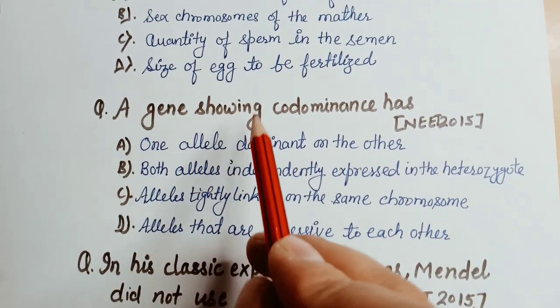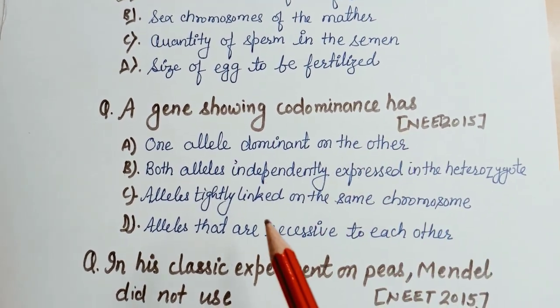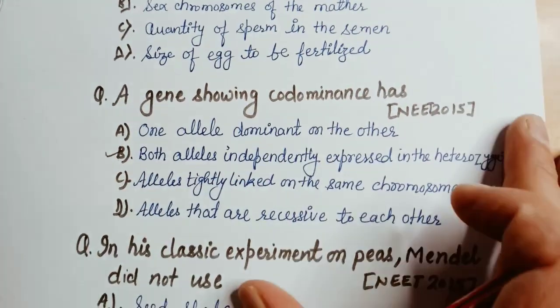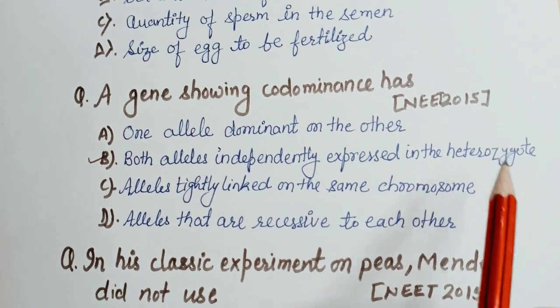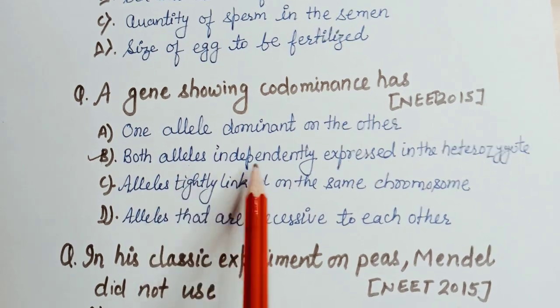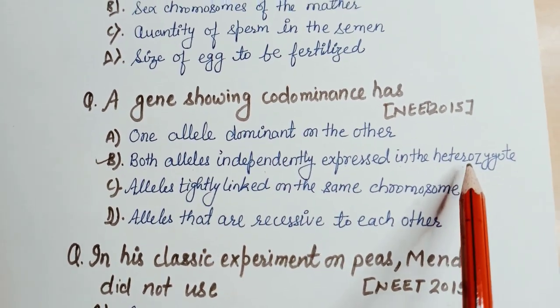So a gene showing codominance has. Correct answer is B. Both alleles independently expressed in the heterozygote. So a gene showing codominance has both alleles independently expressed in the heterozygote.